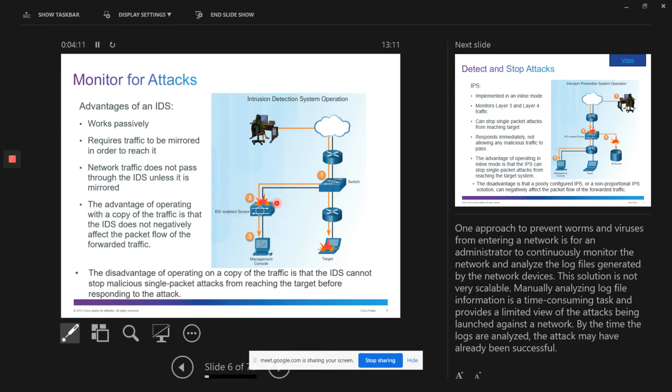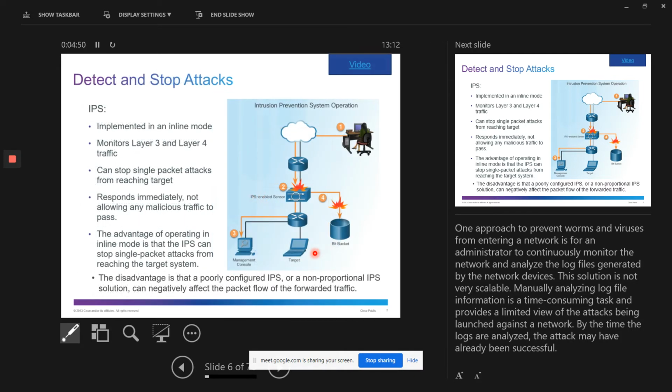The advantage is that because you're not stopping the traffic, there is no adverse effect on it, because the traffic doesn't have to wait for the IDS system to check for a virus or any other malicious attack, which happens on the side. So it has both advantages and disadvantages. The advantage is that there is no negative effect on network performance. The disadvantage is that you will not be able to stop a malicious single packet attack from reaching your target computer.